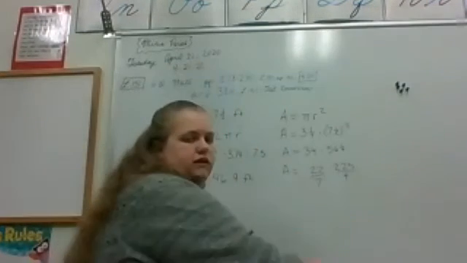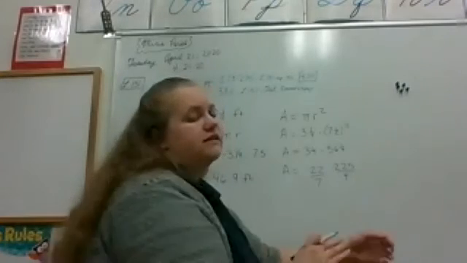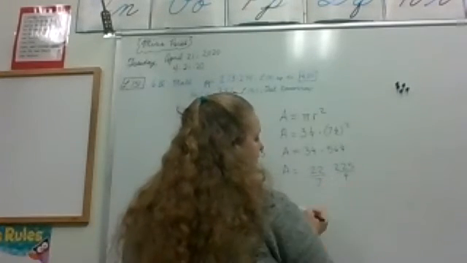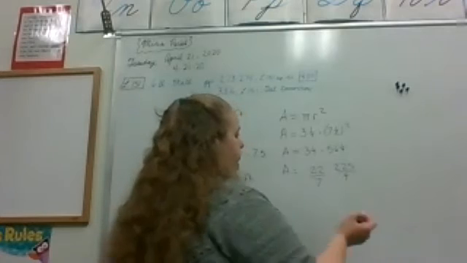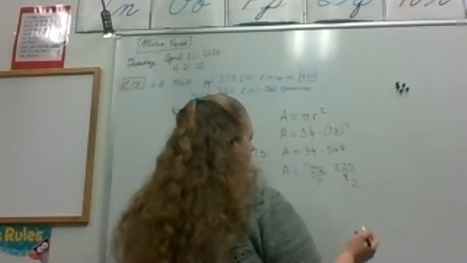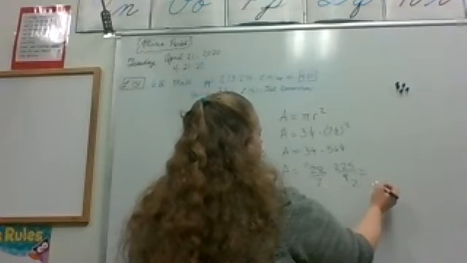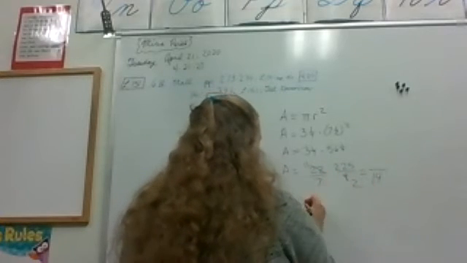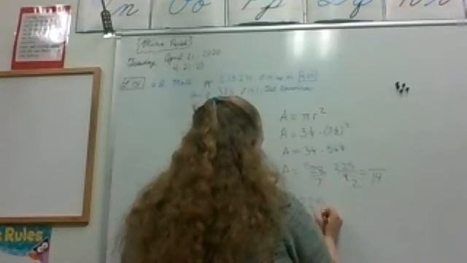Now, make sure that you make this as easy as you can on yourself. Something can go into 22 and 4, 2, right? So this would be 11 and 2, okay? So at the bottom we have 14, and 11 times 225.